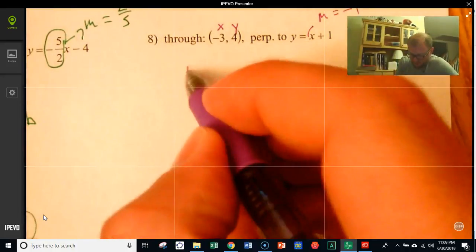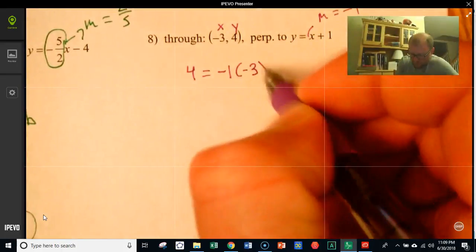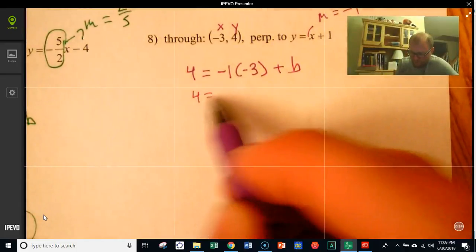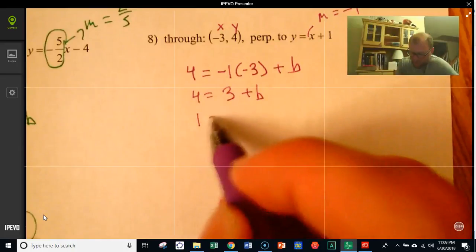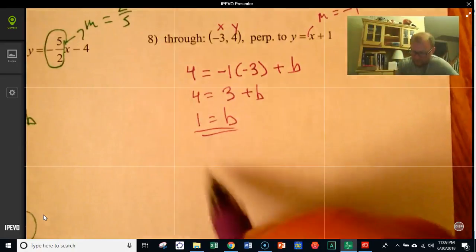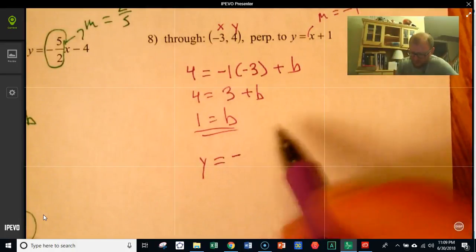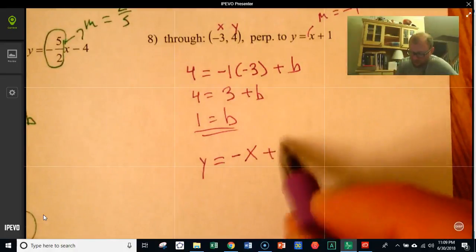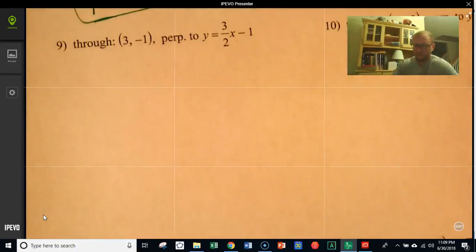So we have 4 equals negative 1 times negative 3 plus b. 4 equals 3 plus b. Take 3 away from each side. 1 equals b. So y equals negative, well, we don't have to write the 1, we'll just write negative x plus 1.